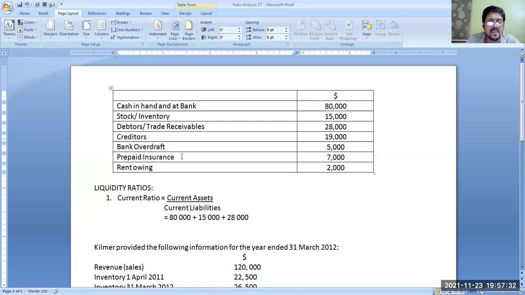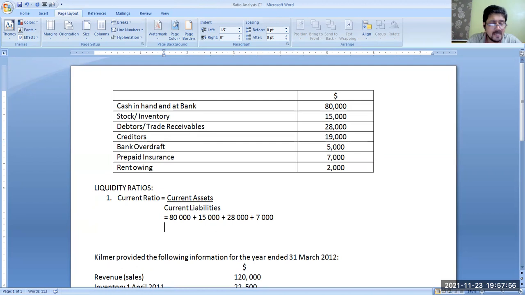Creditors, bank overdraft. This is prepaid insurance. This is rent owing. So after trade receivables, we have prepaid insurance, which is a current asset. All prepaids are current assets, so we can write it here, 7,000. Got it?